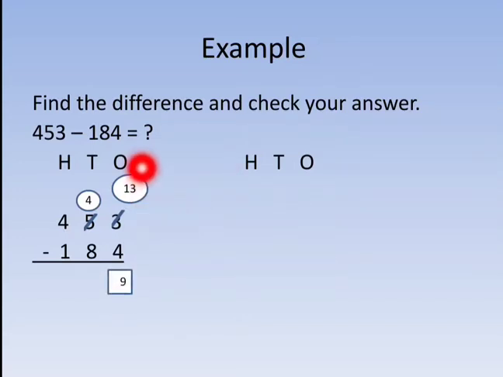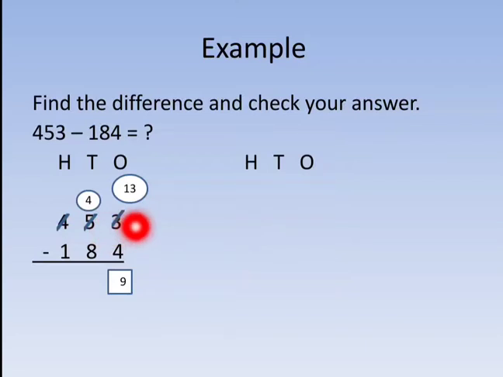After finishing subtracting the ones place, we will move to the tens place. In the tens place, as we can see, 4 is there in the bigger number or minuend. Can we subtract 8 from 4? No, because 4 is smaller than 8. Then what will we do? We will borrow 1 hundred from the hundreds place.